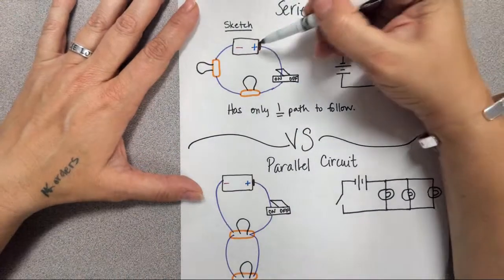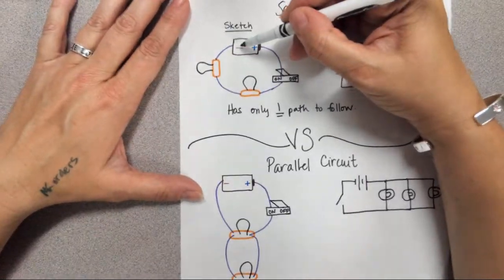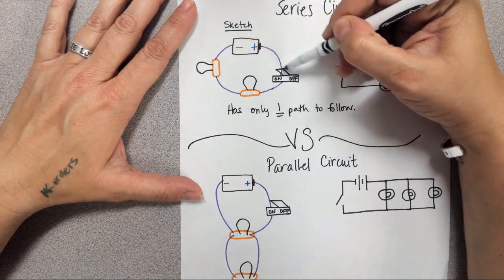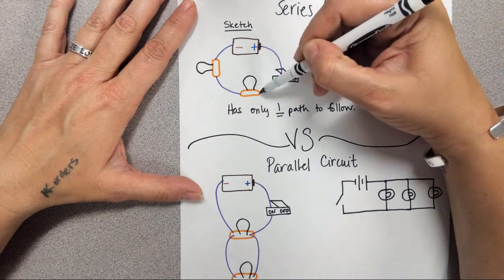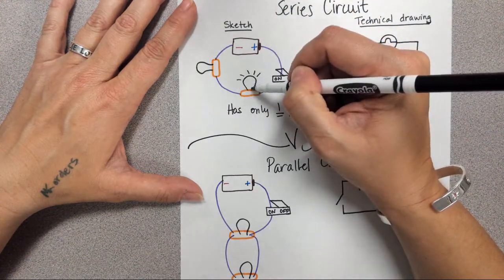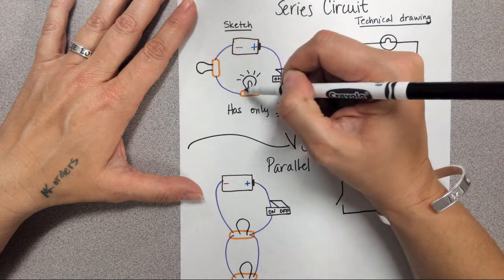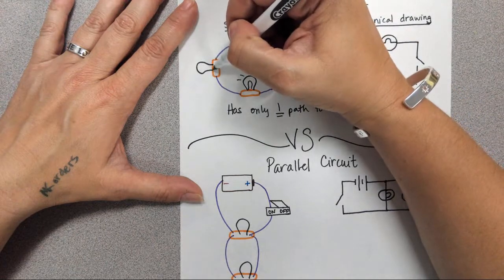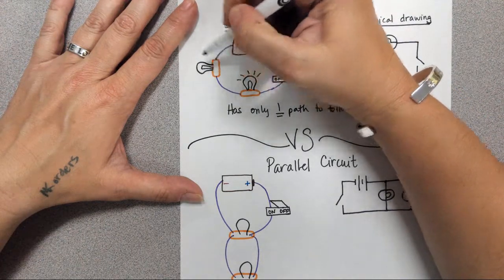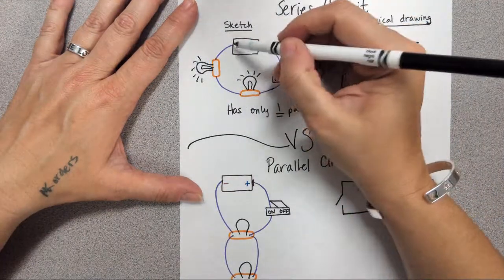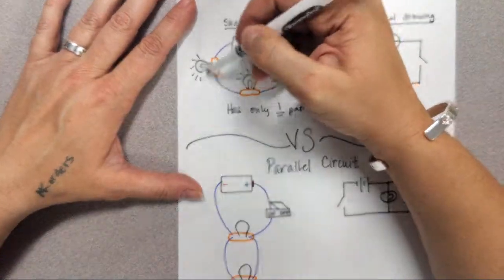So we have our battery. Our negative energy wants to get to that positive, and it flows onto this switch, and you notice the switch is on. Then it goes to my light, and my light turns on. It goes up into the filament, down, and then through the wire again to my other light, up into the filament, down, and my light turns on. Then to my battery, and the cycle starts over again.